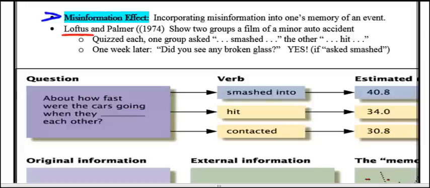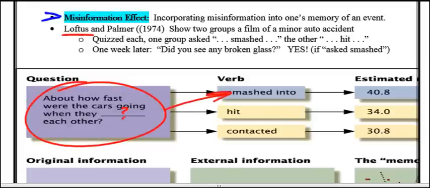Then after the accident, they quizzed each person in the group and said one of three things. The question was, how fast were the cars going when they either smashed into each other, hit each other, or contacted each other?